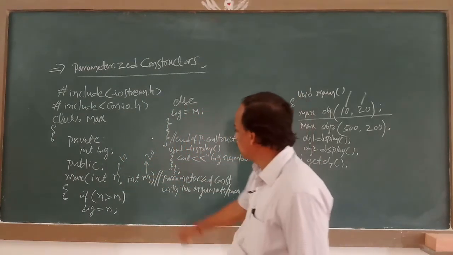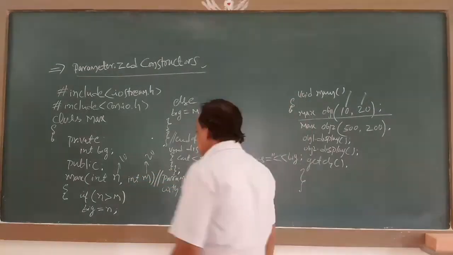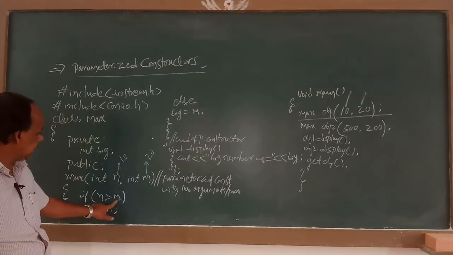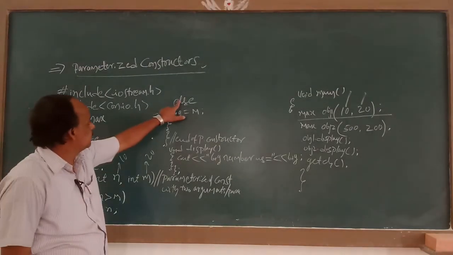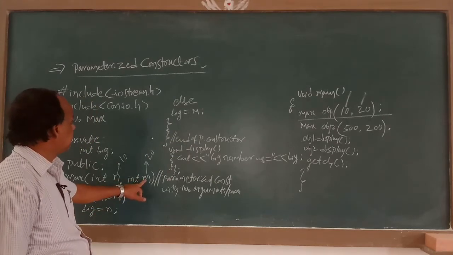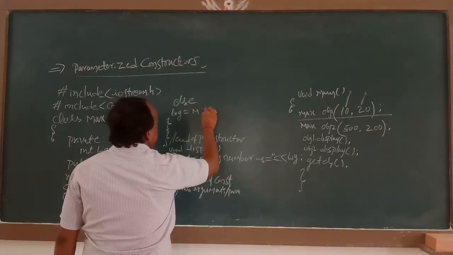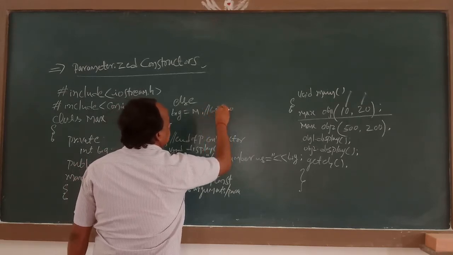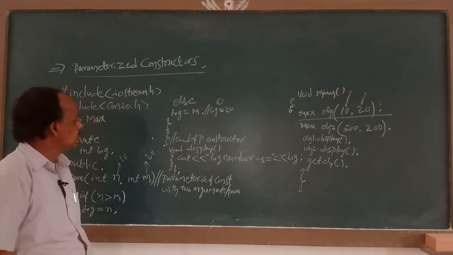And afterwards, n is greater than m, 10 is greater than 20? No. Else means big is equal to m, that is 20. So here the first time, big equal to 20 is stored.